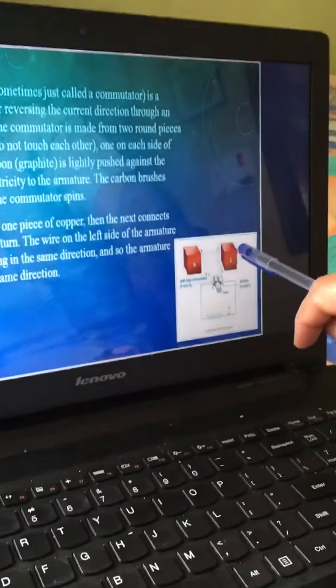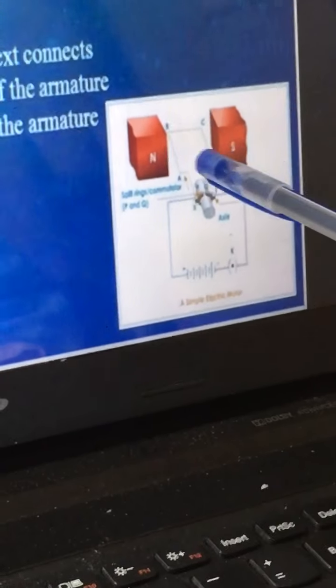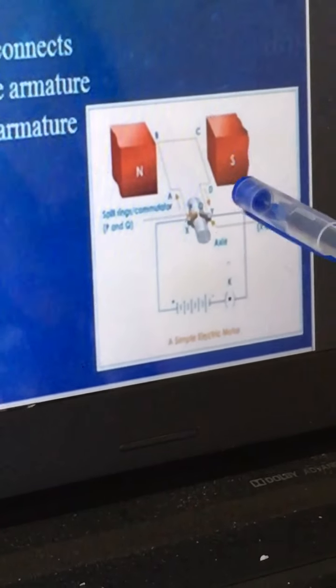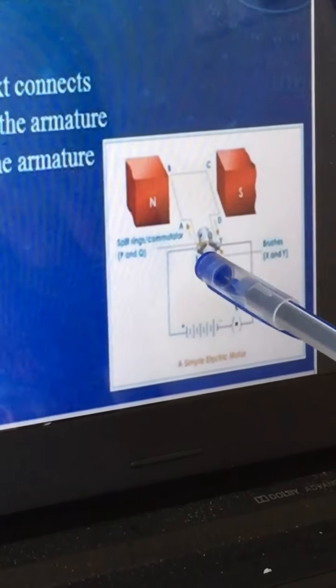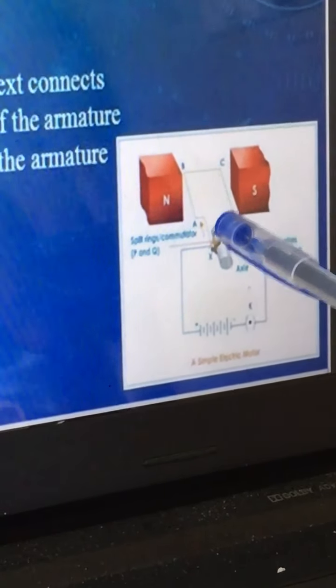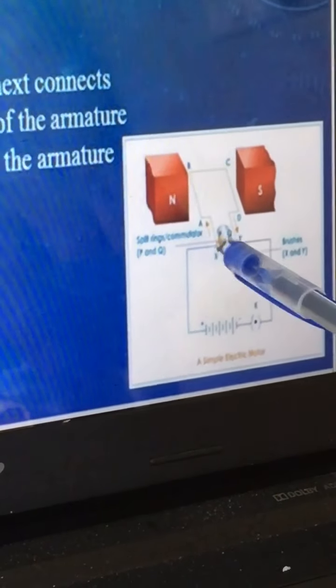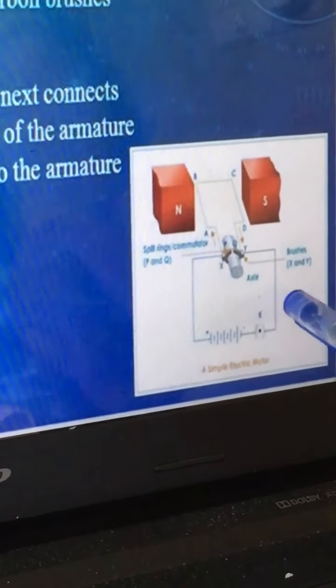One is the field magnet, second is the armature, which is a rectangular copper coil, and the split ring, called the commutator, and through the carbon brushes it is connected to the circuit.